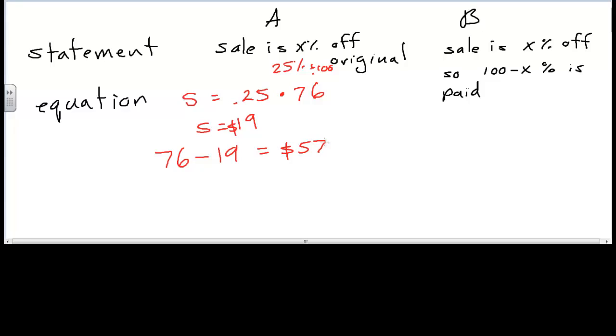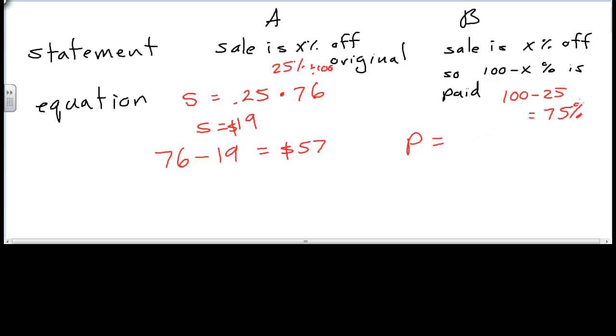For part B, we interpret it as if the sale is X% off, or in this case 25% off, that means 75% is paid, meaning that I took 25 from 100. We're looking at it this way as we're actually paying for 75% of the original amount. So what we're paying, I'll call it P, is interpreted as an equal sign, 75%.